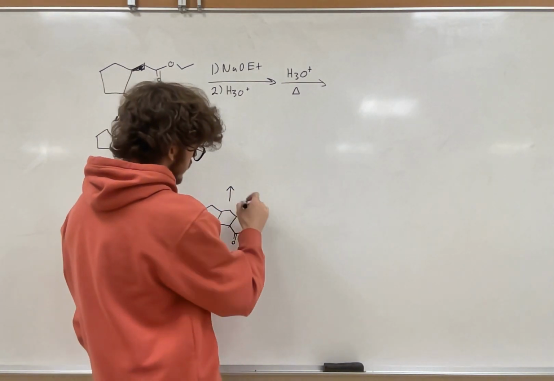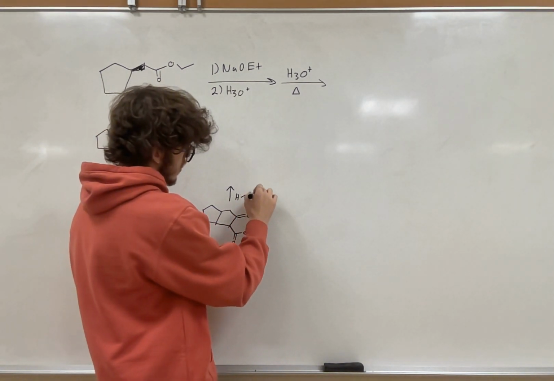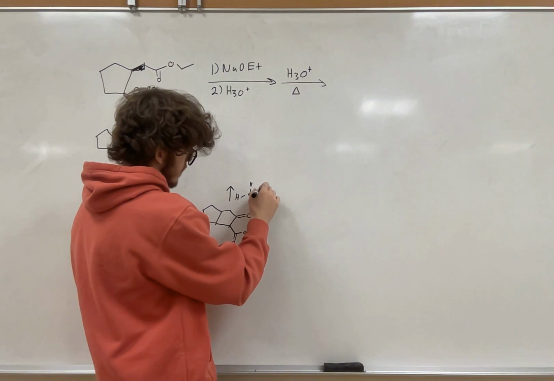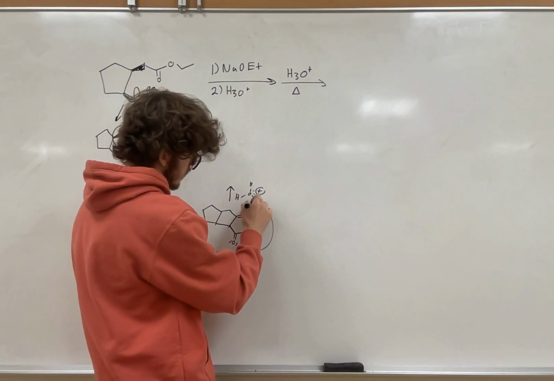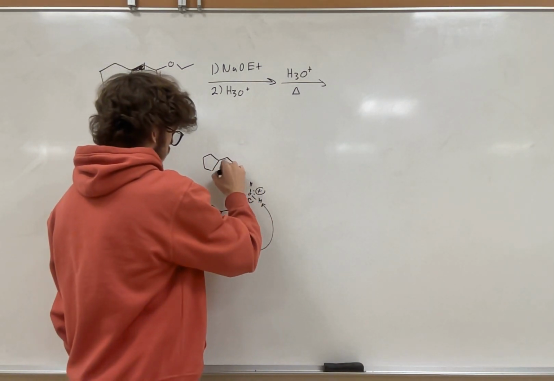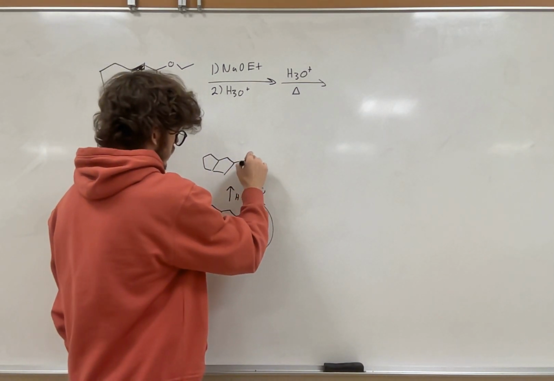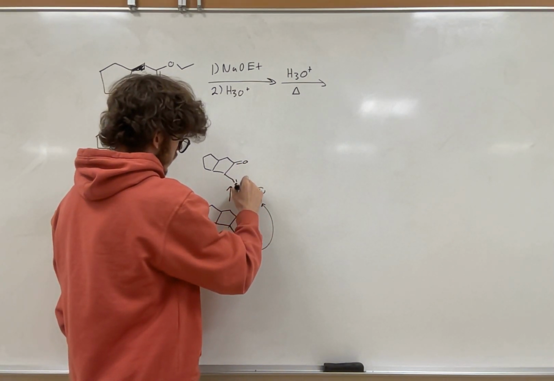So what happens first is we're going to activate the carbonyl by adding a positive charge to it. So we steal a hydrogen, and we get this compound. Oh geez, I should have drawn this better.